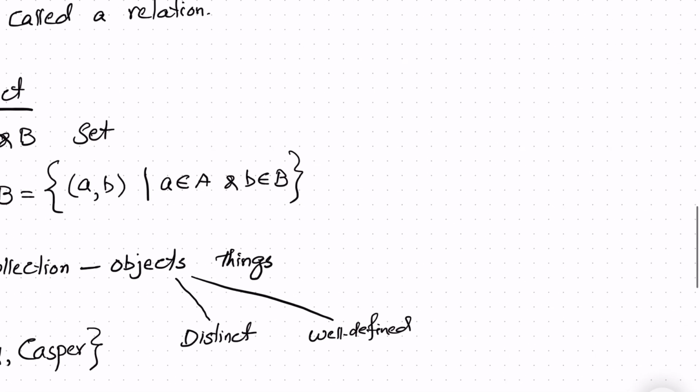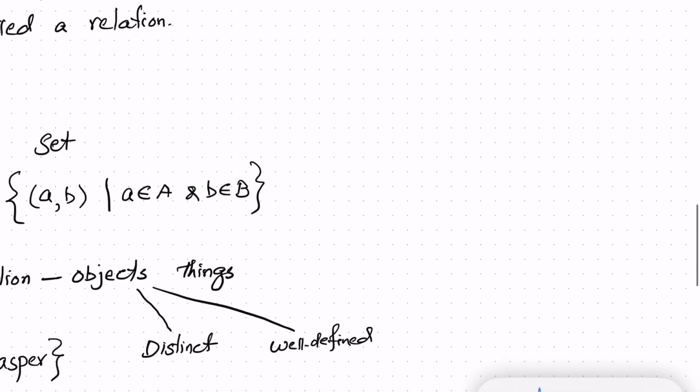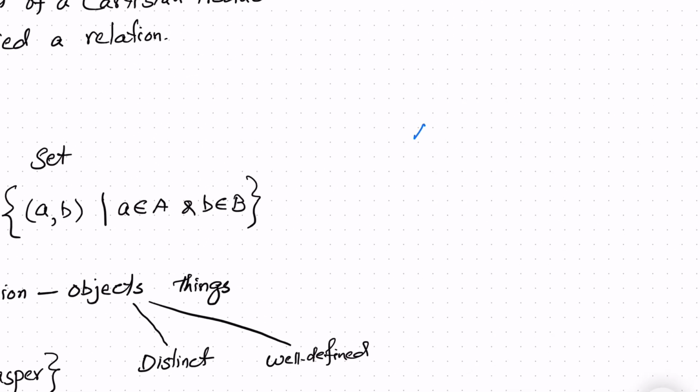What does this mean? Okay, let's just change the color. Assume that we have a set A, which has 1, 2, 3, and we have a set B. Assume that it has a and b.